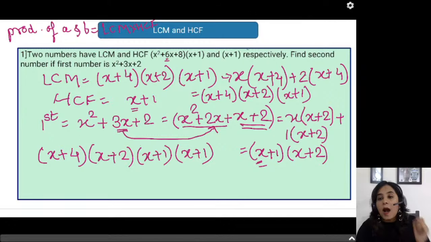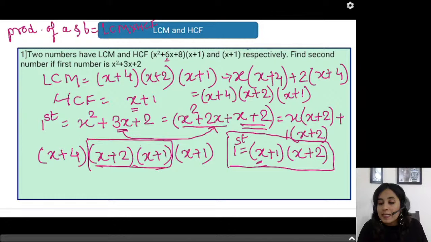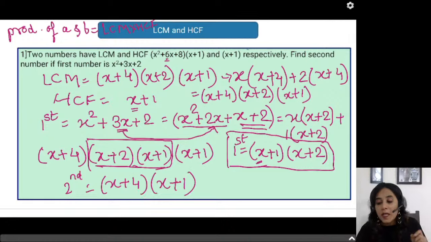Now I am already given that my first number is x plus 1 into x plus 2. So x plus 1 into x plus 2 is my first number. So my second number has to be the remaining terms, which is x plus 4 into x plus 1. So my second number is x plus 4 into x plus 1.